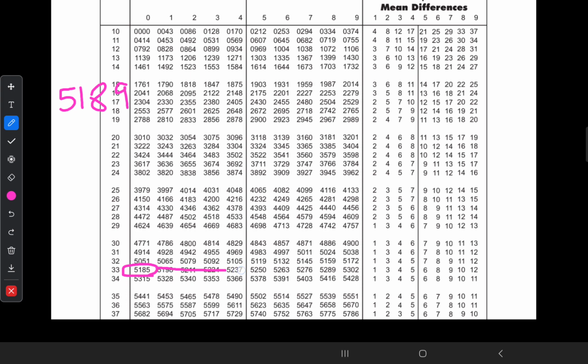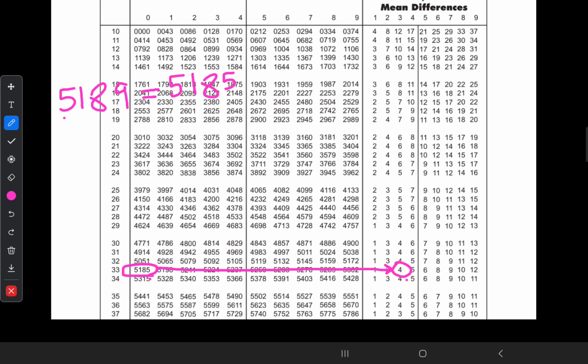So in the same row, you should check whether there is any 4 here. When you add 4 to this value, it will become 5189. We only have 5185 in the main table, but what we need is 5189.